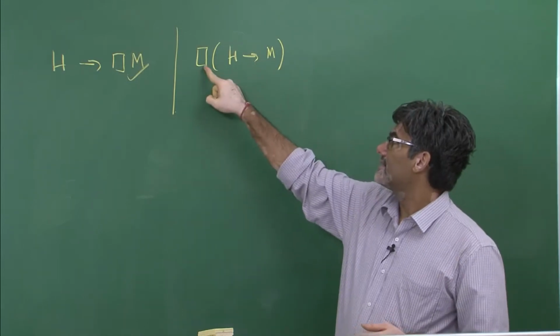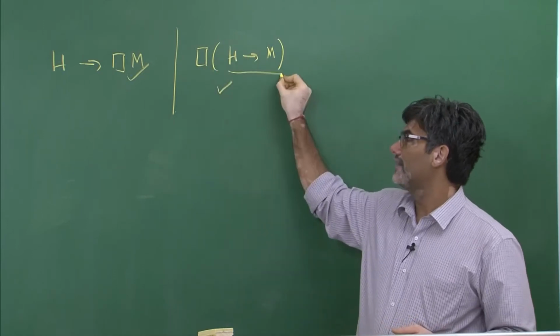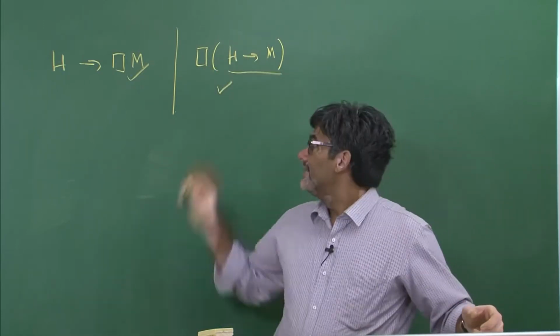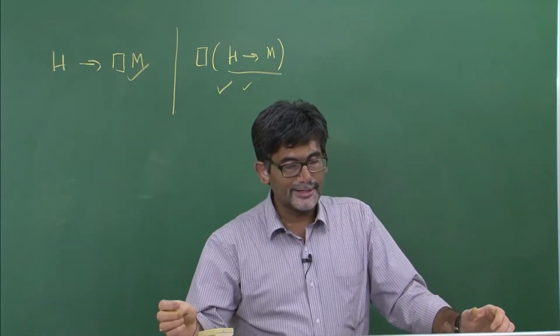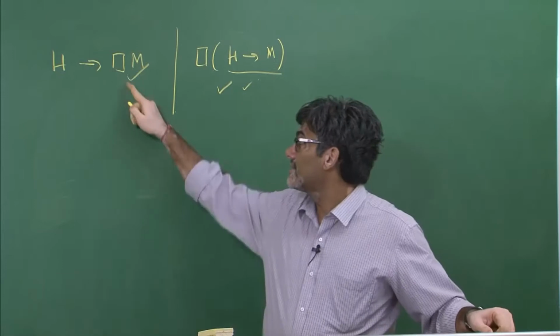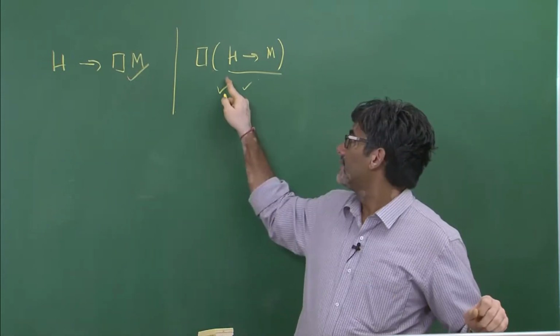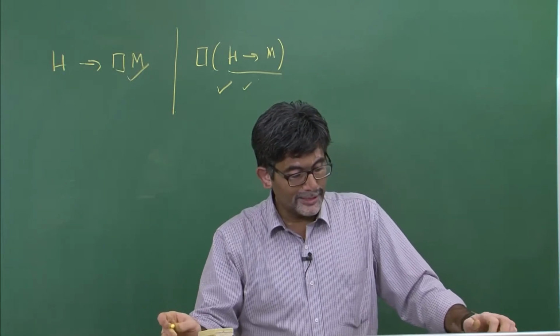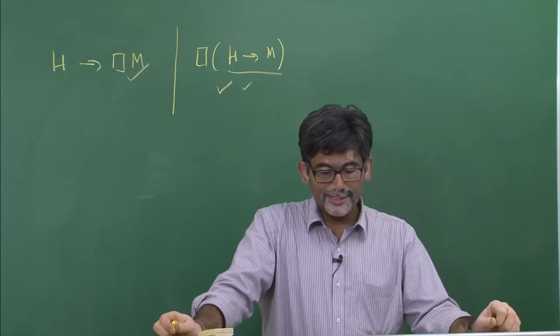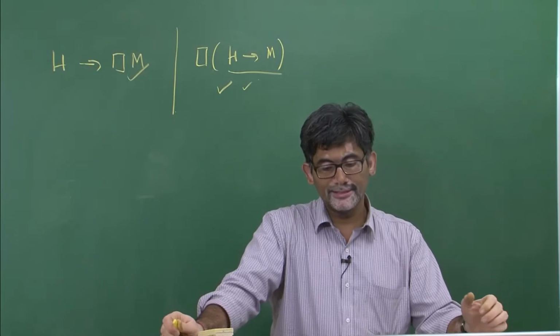So this necessity operator operates over the whole conditional. In most of the cases this is considered to be the correct translation rather than this one. This has narrow scope, this has a wider scope. In the same way, fourth example, of necessity, if Socrates is human, then he is mortal.